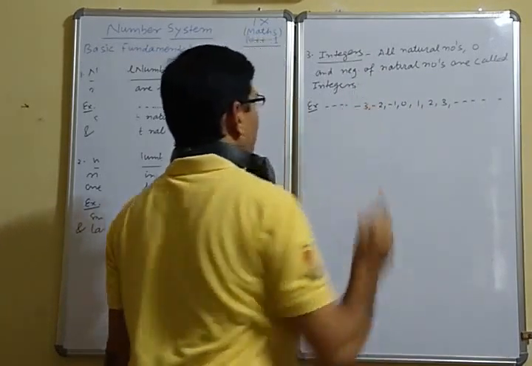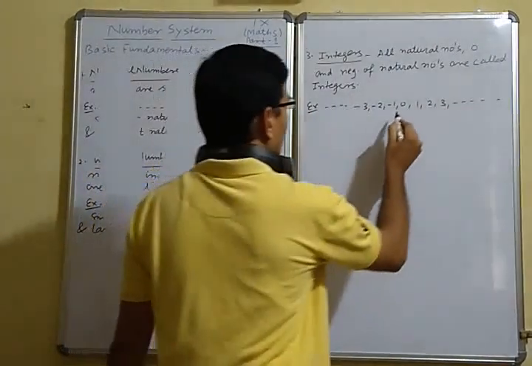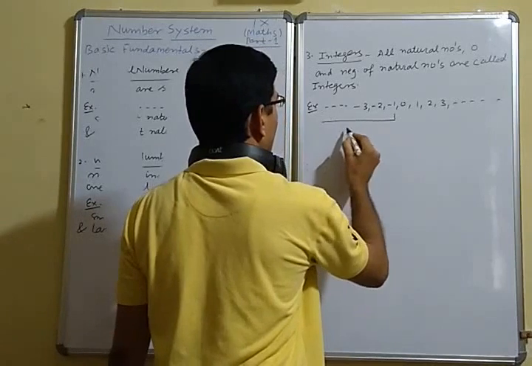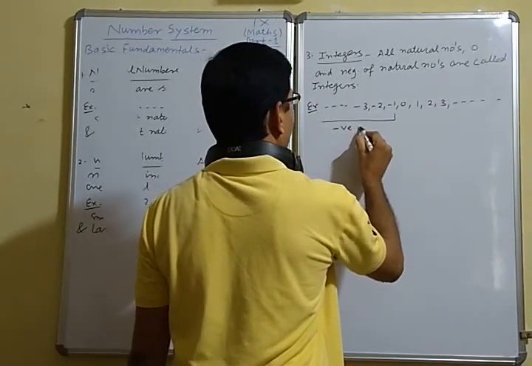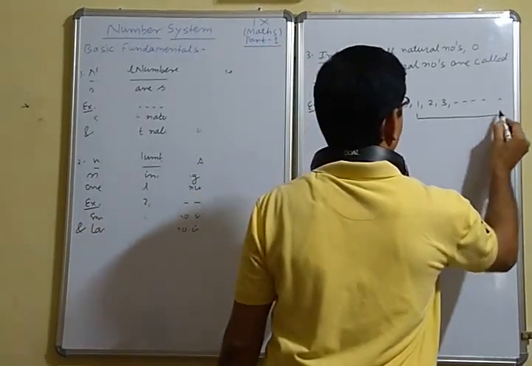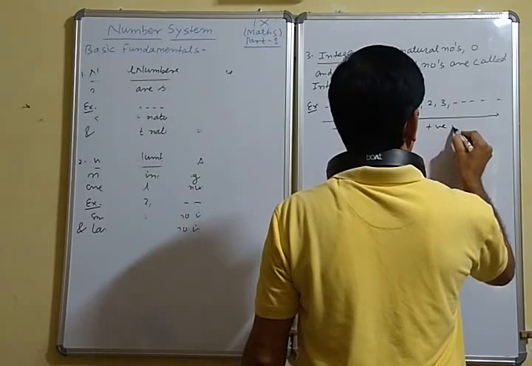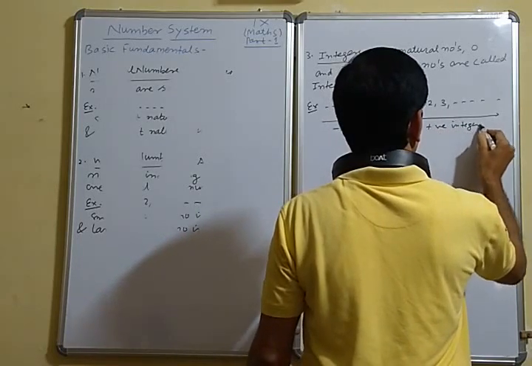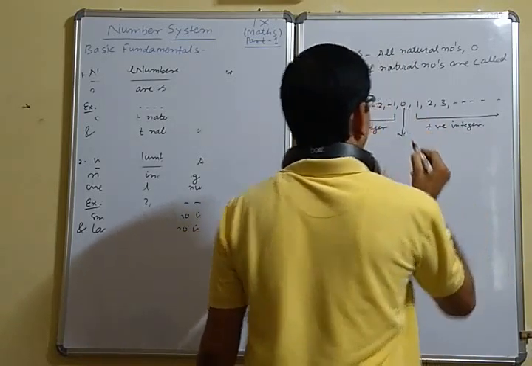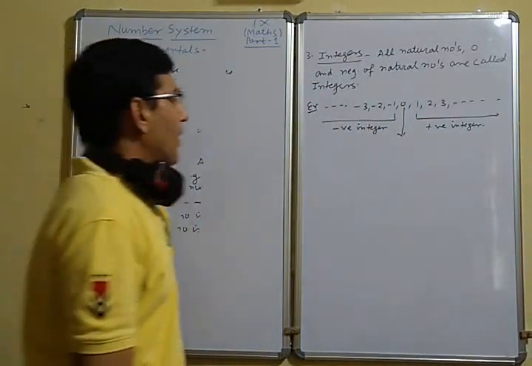Here again to this side it goes to minus infinity. Now this set is negative integers and the set from 1 to infinity is positive integers. Now 0 is neither positive nor negative.